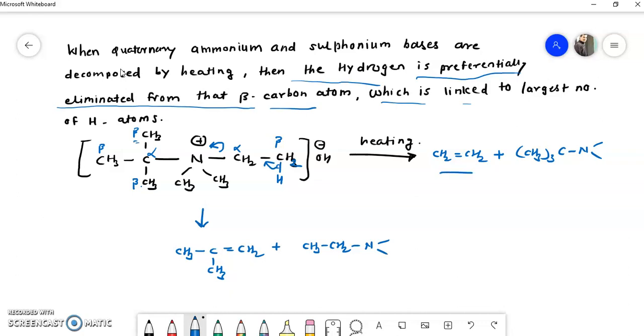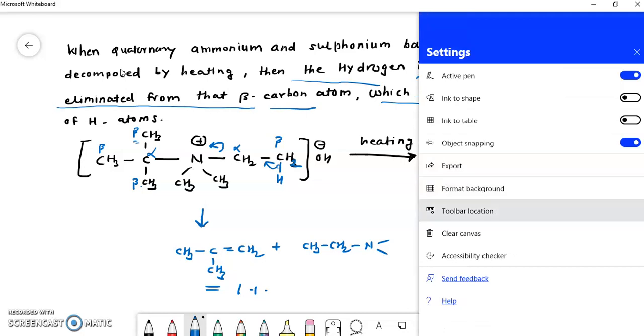So either this product or this product, there are two possibilities. But remember, this product is obtained in 99% yield, and this product is obtained only in 1% yield. So this alkene is obtained preferentially. So this is also an example of Hofmann elimination reaction.